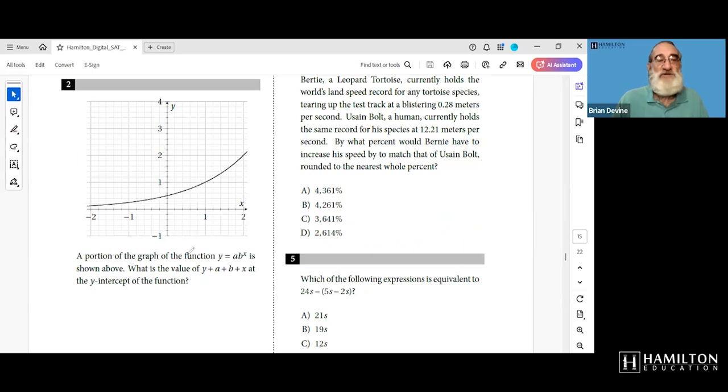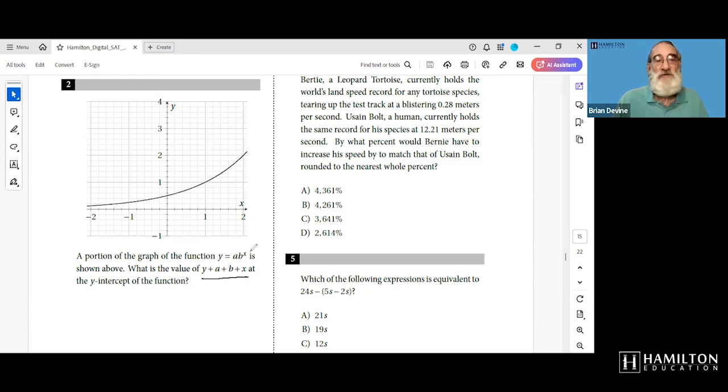We have a portion of a graph of some function, y equals a times b to the x, which is exponential. And that has that profile of a sweeping kind of ski ramp going up, shown above. What is the value of y plus a plus b plus x?